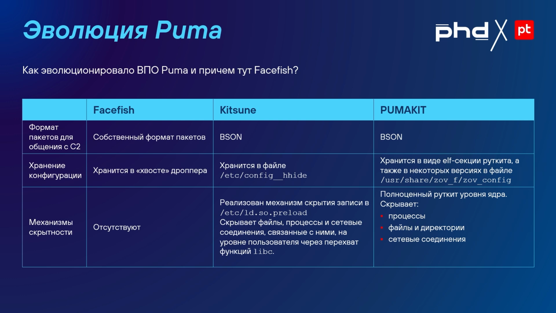You can see it from those functions that are still utilized both in Kitsune and in Puma, for instance, encryption of strings with the constant 0xFE. At the same time, we can't help noticing that there is a huge similarity between Facefish and Kitsune.